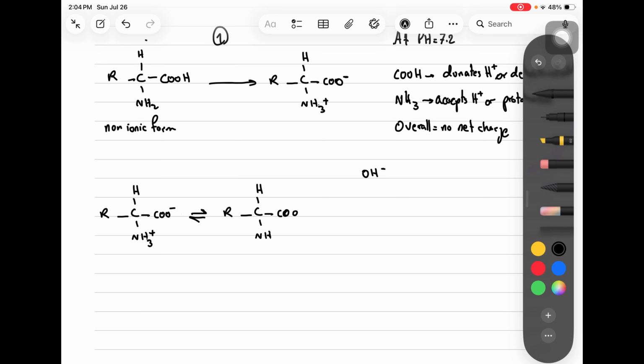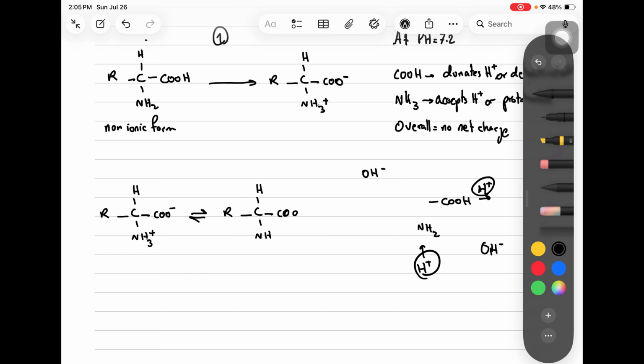When we have a lot of OH in an environment, I'm looking for COOH here, and NH2 here. NH2 accepts H+. Carboxylic group loses proton. This one accepts proton, and then we're in an environment with a negatively charged that we want proton.